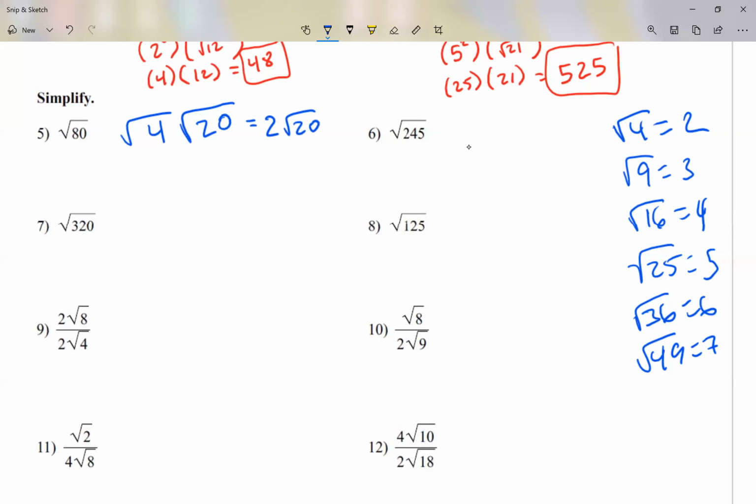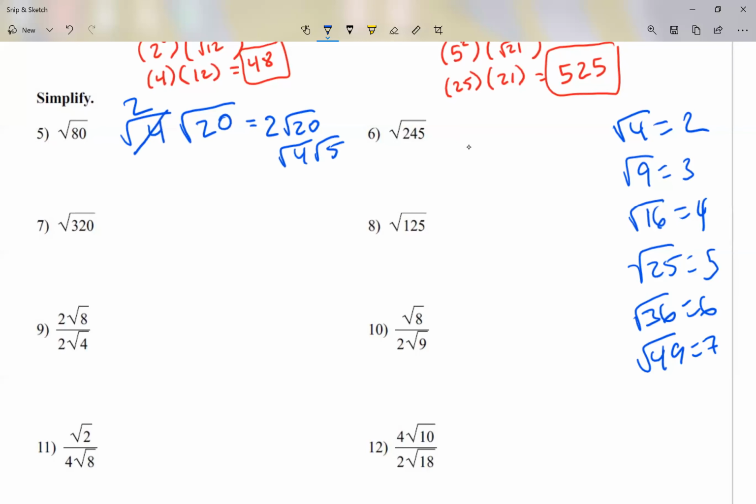The square root of 4 becomes a perfect square, so the outside is a 2, and I still have square root of 20. And then if you can simplify more, by all means do so. When I'm thinking of square root of 20, I can say square root of 4 times square root of 5. Remember, this became a 2.